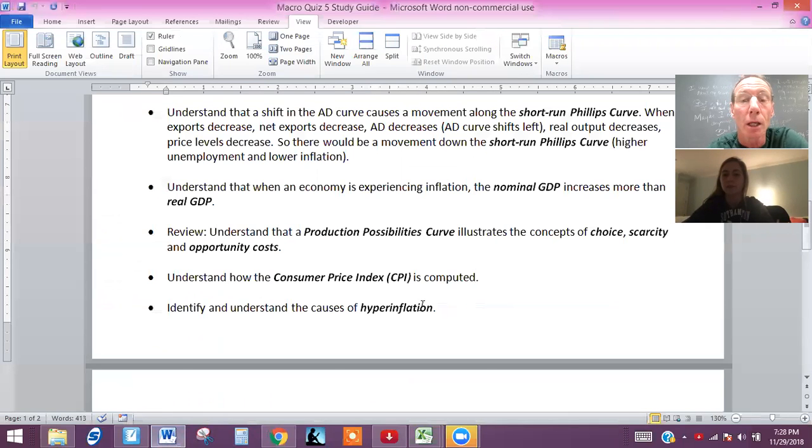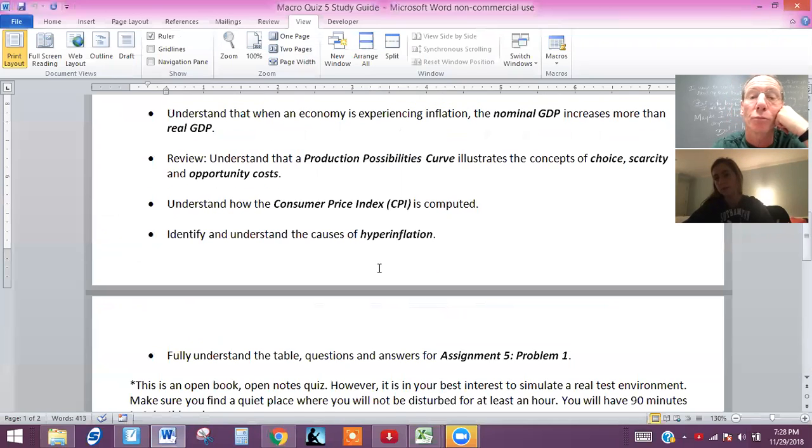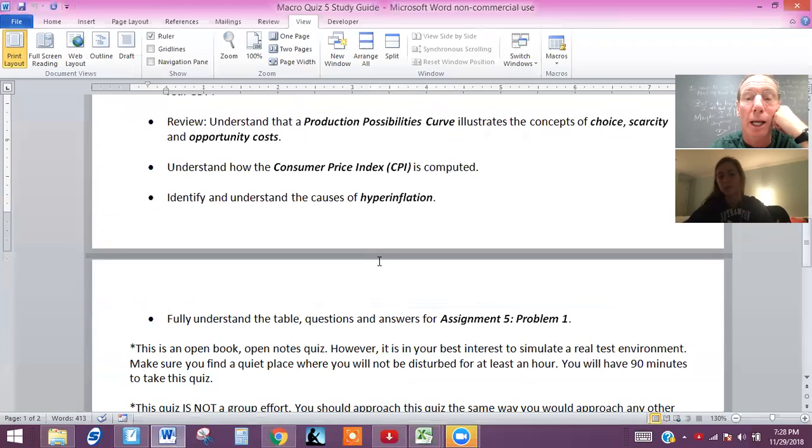It's also in the book, the causes of hyperinflation, and you need to really understand assignment 5, problem 1. And I think you probably need to understand all of them. I think the last quiz had a question that you get 20 points for.